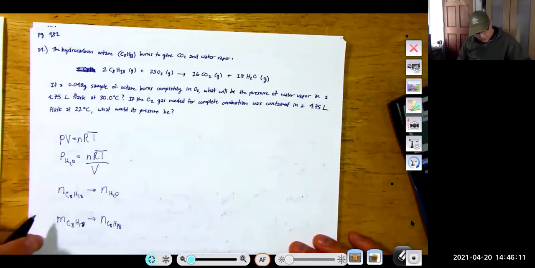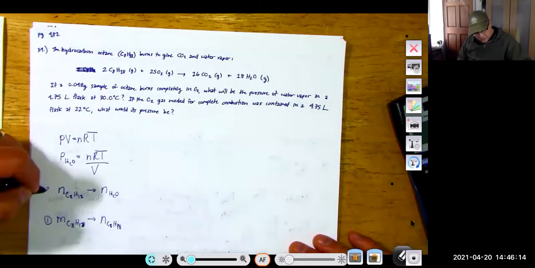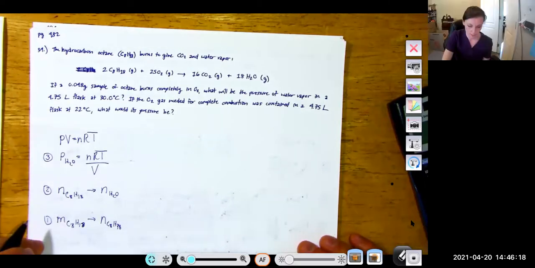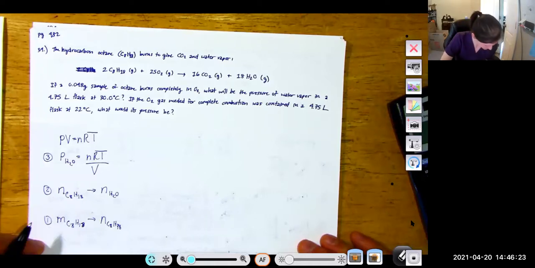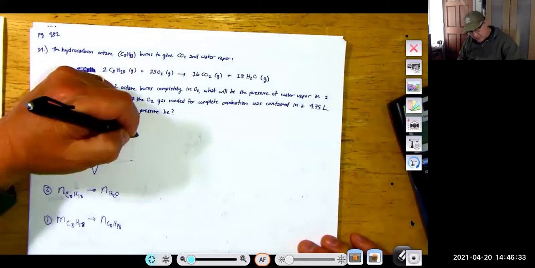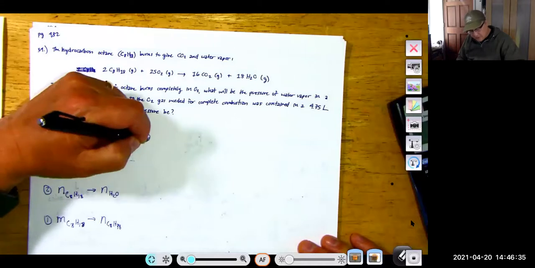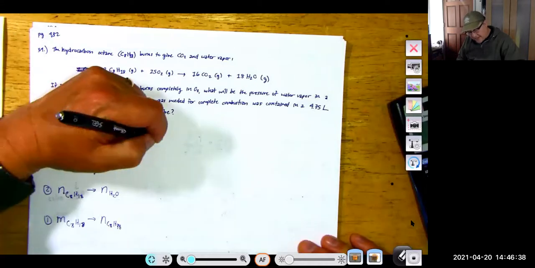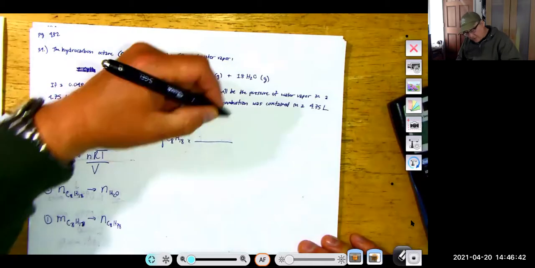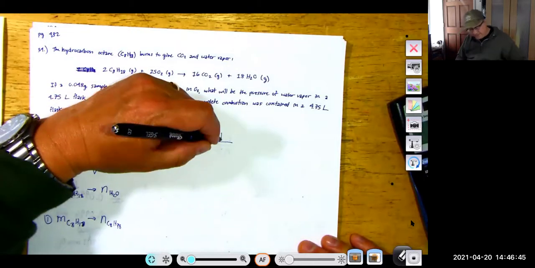Okay, so we're going to do a 1, 2, 3, correct? Okay, so number 1, I'm going to take 0.048 grams of C8H18 and multiply by 1 mole of C8H18.